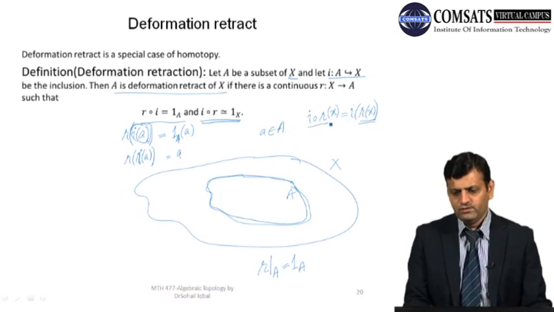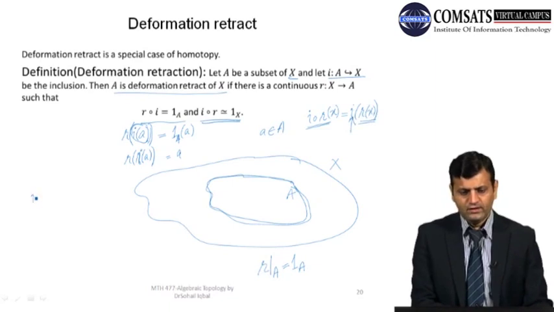So the image of I composition R is basically A contained in X, because this I is making sure that A is embedded into X. Now this is homotopic. I composition R from X to A, which is contained as a subset of X. What is the domain of 1X?